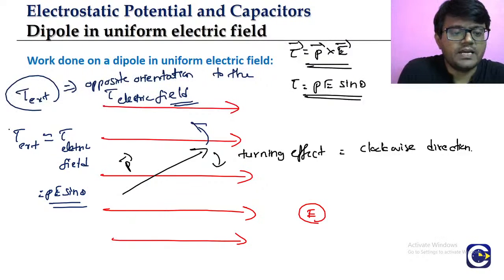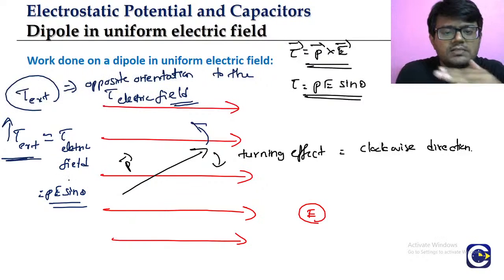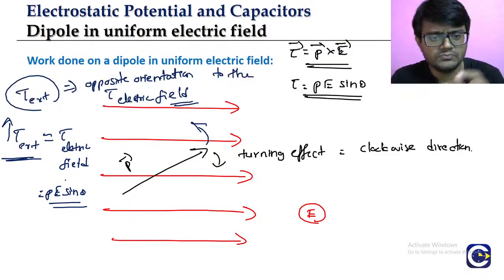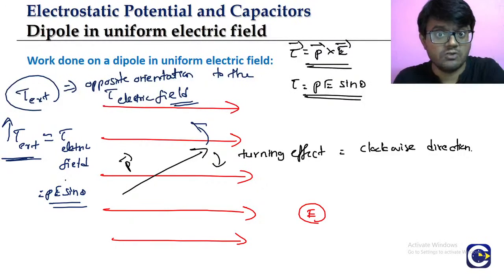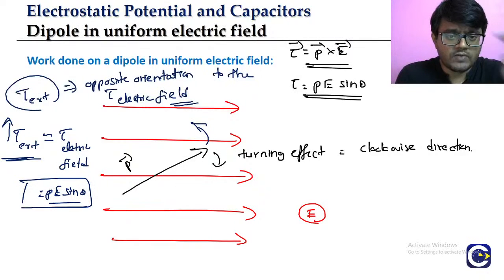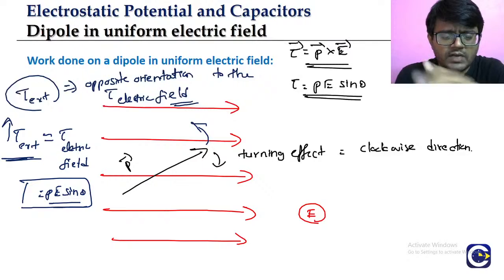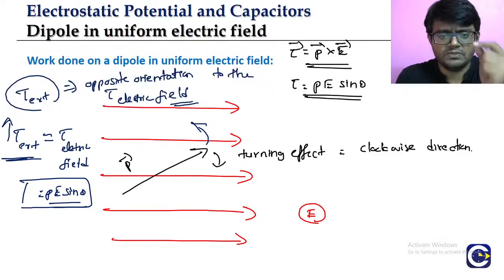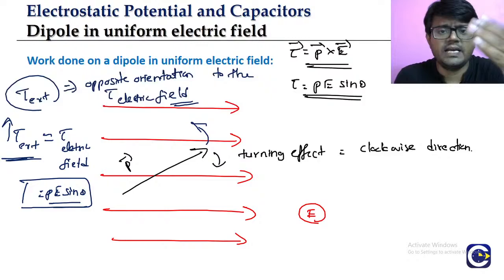Say for example we are giving an external torque of a slightly higher value, so slight that we can't even measure how much higher it is, a very, very small higher value. For the sake of calculation, what are we going to use? We are going to use the external torque value as PE sin theta only, but the external torque value will be very, very marginally higher.